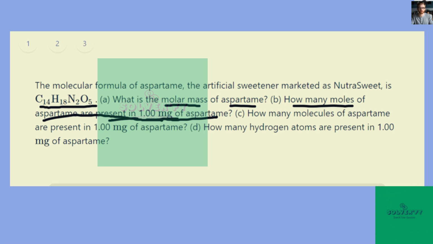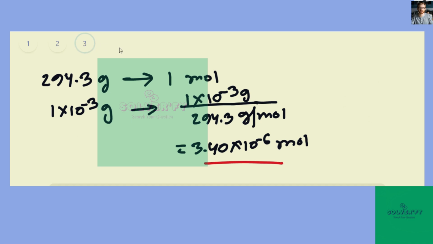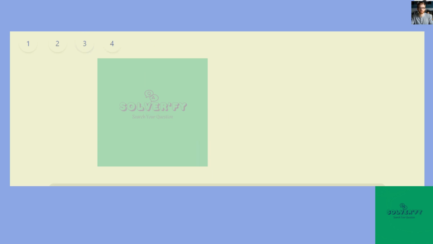Now the next part, we have to find out how many molecules of aspartame are present in 1 milligram of aspartame. So we have found out the number of moles of aspartame for 1 milligram. Now we know that 1 mole of any molecular substance contains 6.02 times 10 to the power 23 molecules.